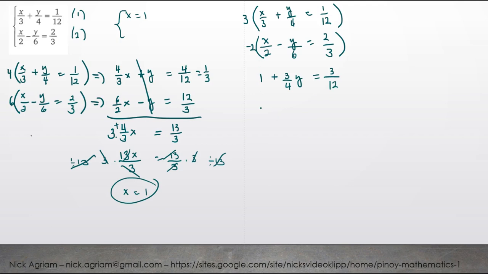Then that is 1x, and then we have negative 1x also. And we have negative 2/6 y, a positive, sorry, because it's negative. And then we have negative 4/3.